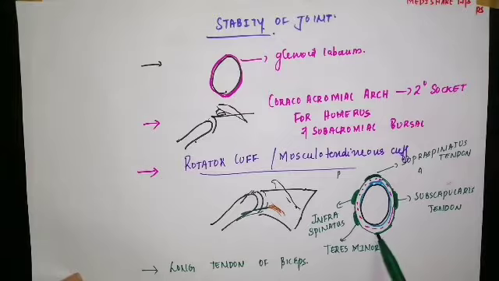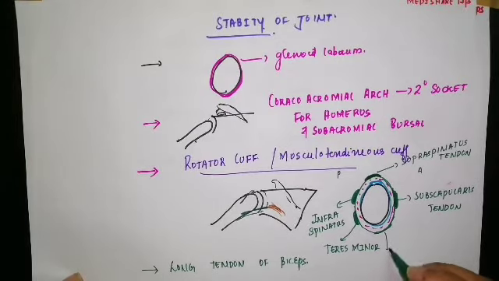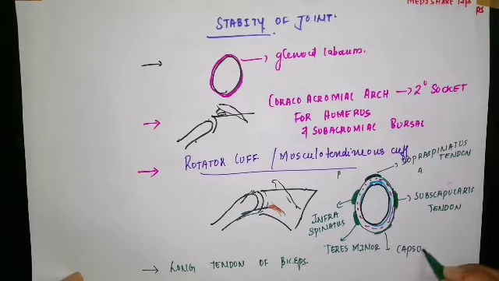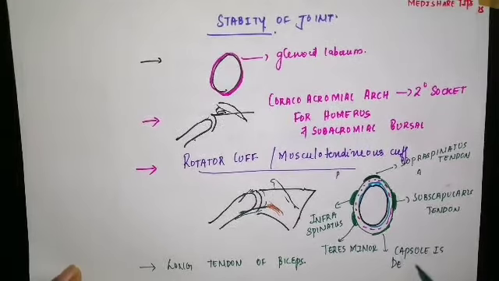Because the capsule is deficient inferiorly, the shoulder joint is more prone to inferior dislocation.